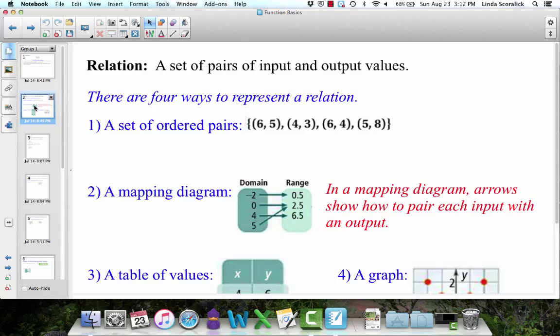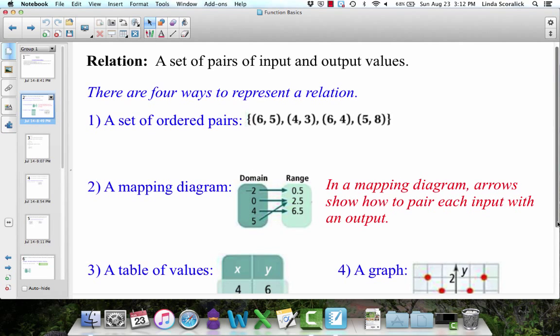Kind of like we put cookie dough in the oven and we get cookies back. I can put bread dough in the oven and get bread back, or I can put mozzarella sticks in the oven and get gooey, cheesy goodness back. When we combine those inputs and outputs, we get a relation. There are 4 different ways that we can represent a relation.